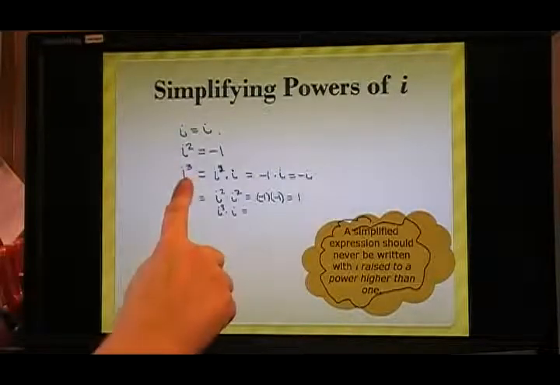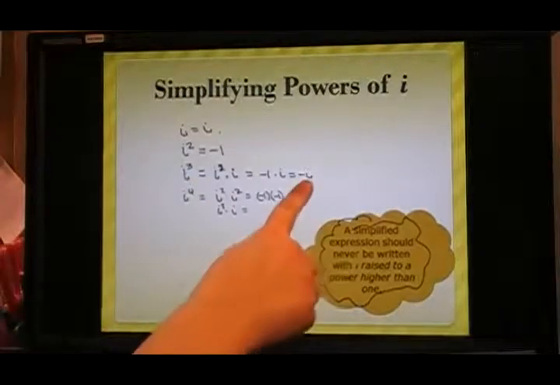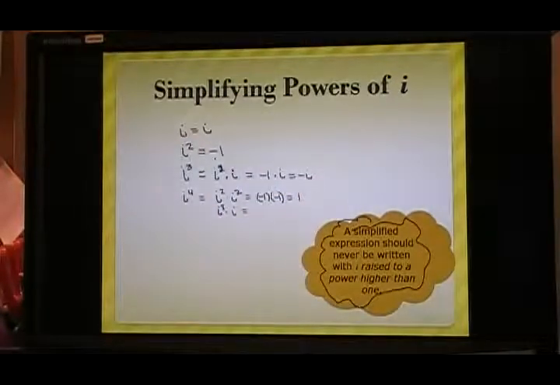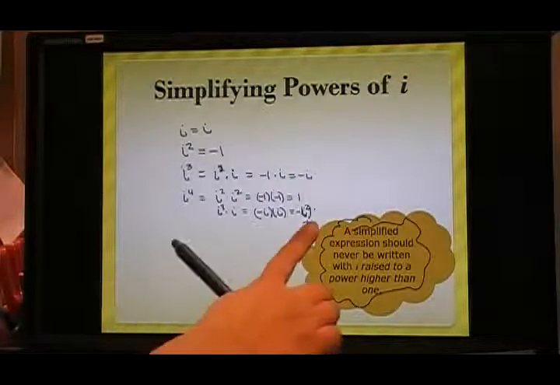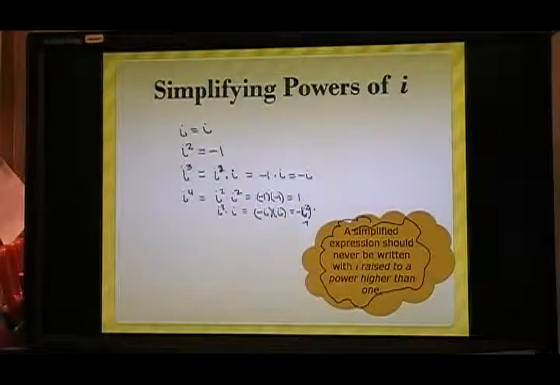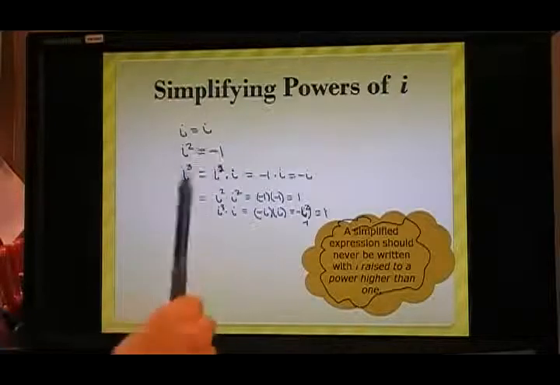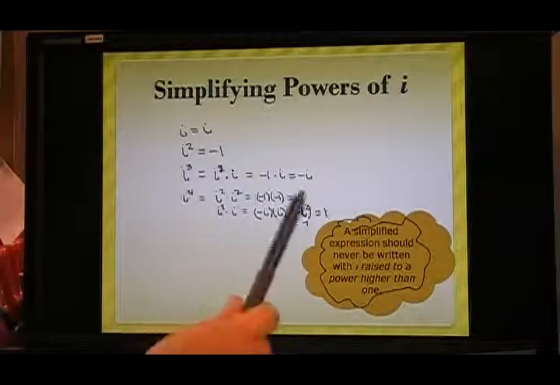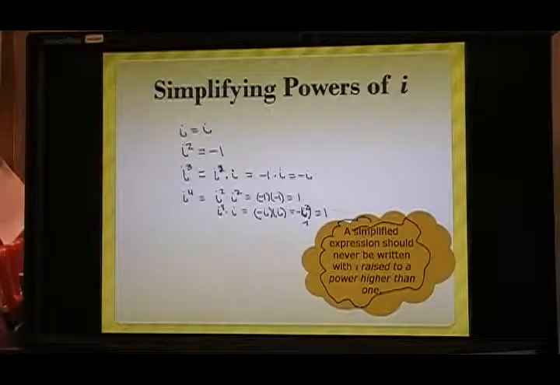We've already determined i to the third is -i, times i, we get -i squared, but i squared is just -1. So the opposite of -1 is 1. So you see, using any equivalence leads us to i to the fourth equaling 1.